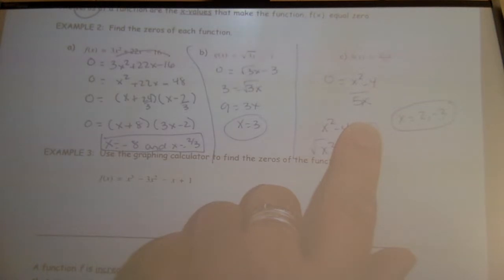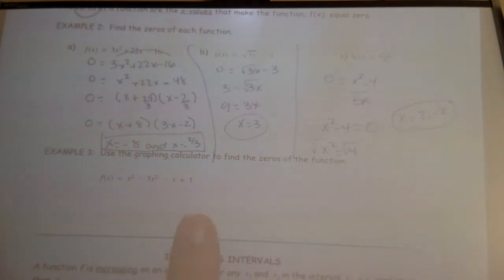All right, what you need to do now is one person from each group go back and get calculators for your group. Graphing calculators, guys.